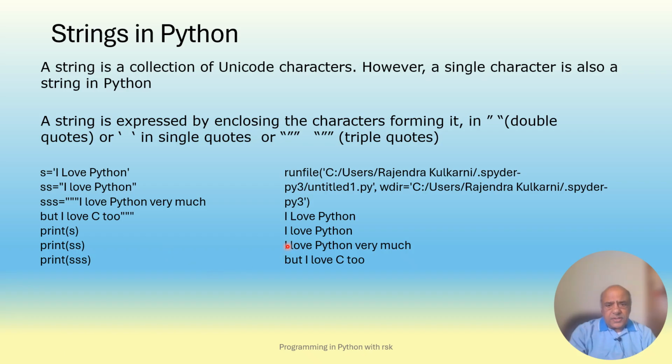In the same fashion, 2 lines appear as a result of the print SSS statement. So if a string variable is assigned multiple lines, then when we use a print statement, the same multiple line output will be displayed on the monitor.